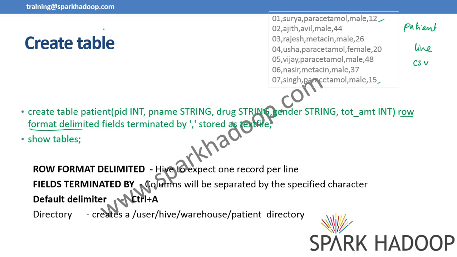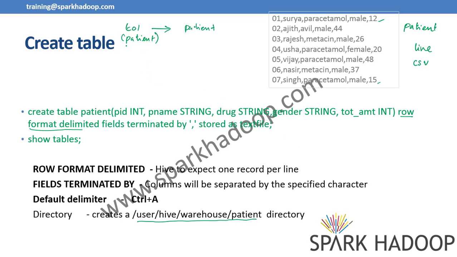Wait a minute here. We talked about T01, which is getting mapped to a directory called patient table. So here T01, I mean patient table, getting mapped to a patient directory. But here in the command, I could not see any directory. By default, when you don't specify it, it is creating a directory called patient directory under this folder /user/hive/warehouse/patient directory.